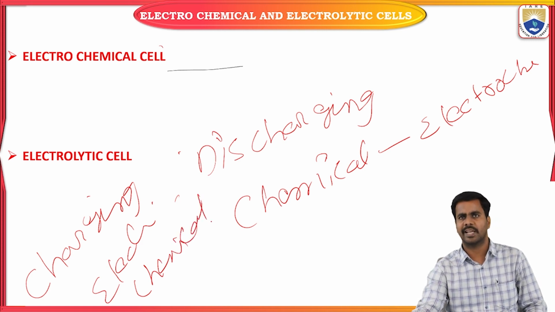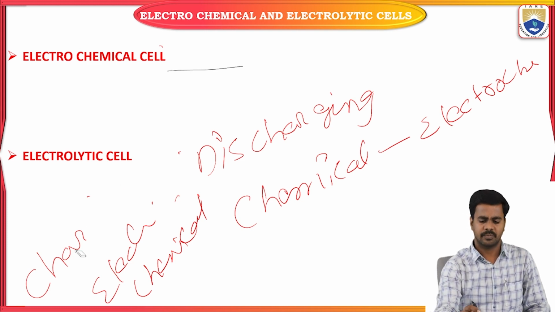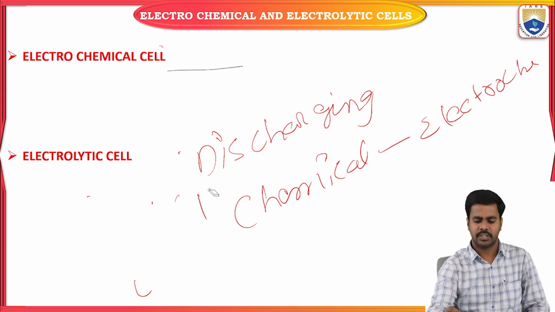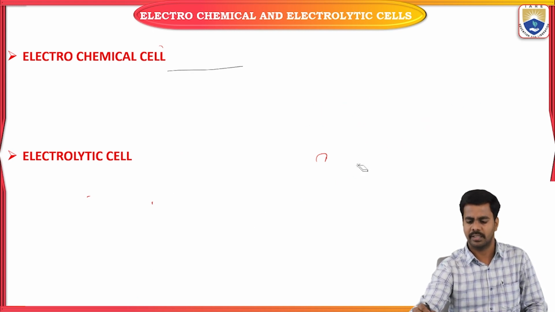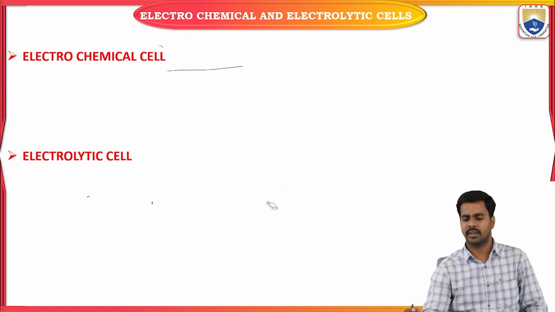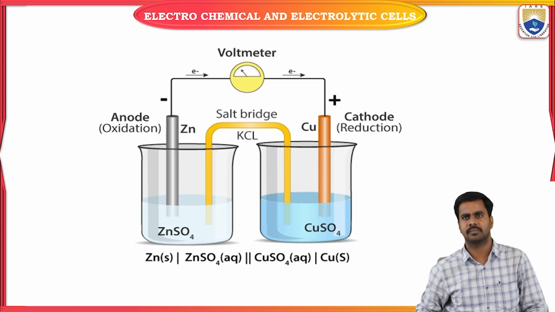That's why secondary batteries are rechargeable batteries. Let us see the construction and working principle of the electrochemical cell as well as the electrolytic cell. First, let us discuss the construction and working principle of electrochemical cells.